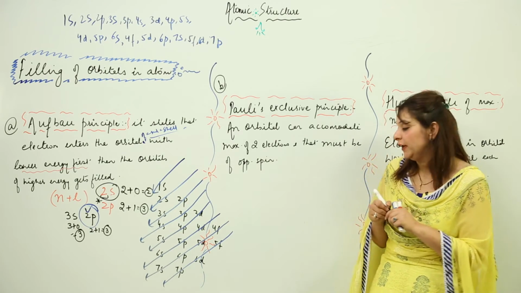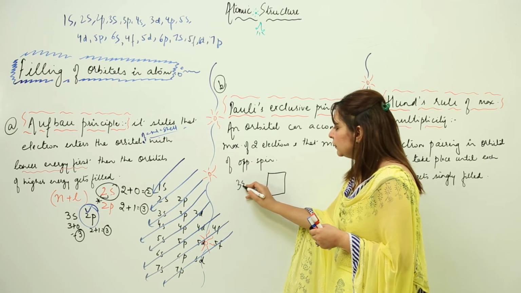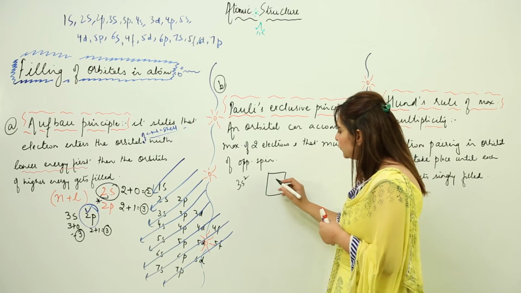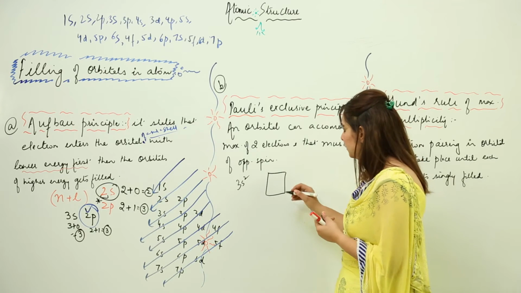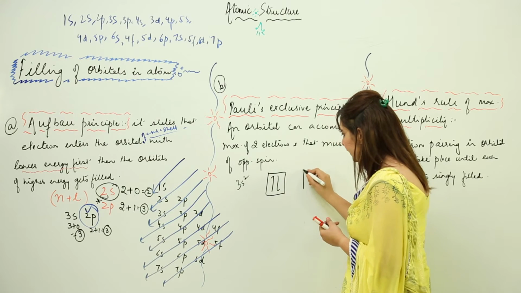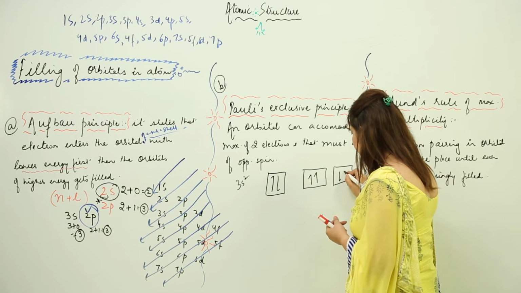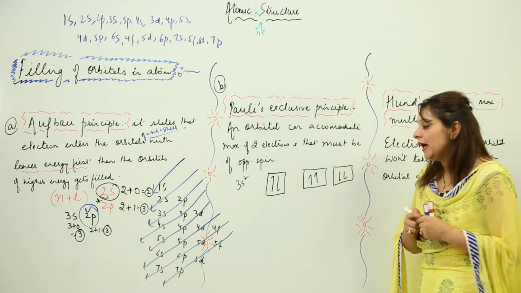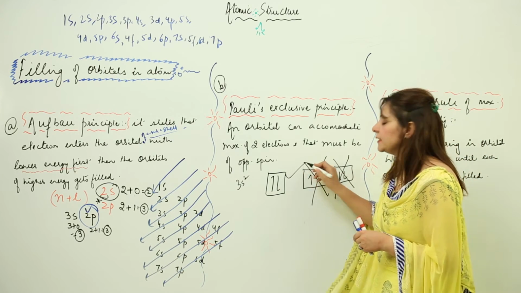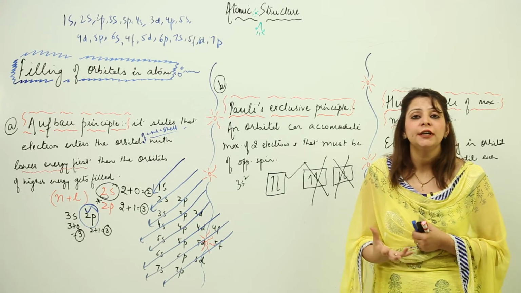Suppose I write 3s2, that means in 3s I have 2 electrons. So how do I have to put them? I am just making different patterns, just tell me which is the correct one. One is this, other is this, and other is this. So you know that out of these 3, this is incorrect, this is incorrect, only this is correct, because as I told you, a maximum of 3 quantum numbers can be the same, but the fourth is definitely going to be different.